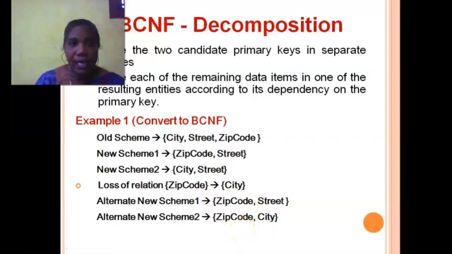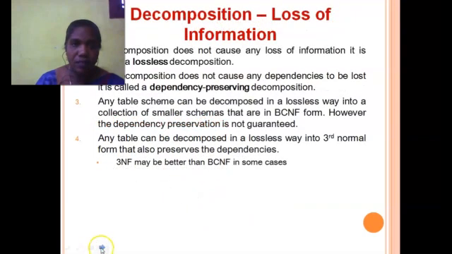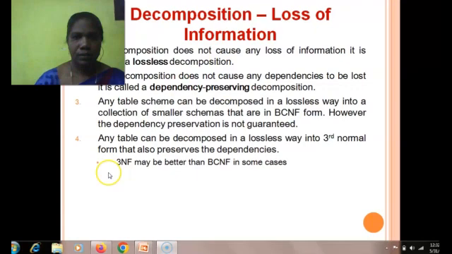If any loss of information occurs relative to the original table, it comes under normalization. So what is loss of information? If a decomposition does not cause any loss of information, it is called a lossless decomposition. If a decomposition does not cause any dependencies to be lost, it is called a dependency preserving decomposition.